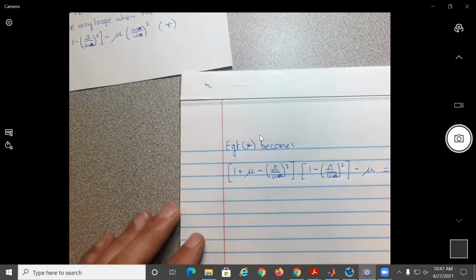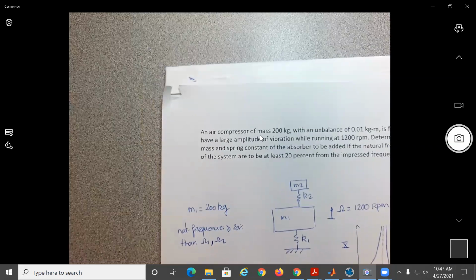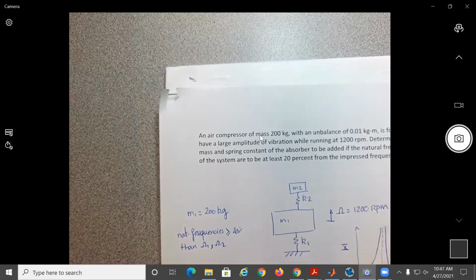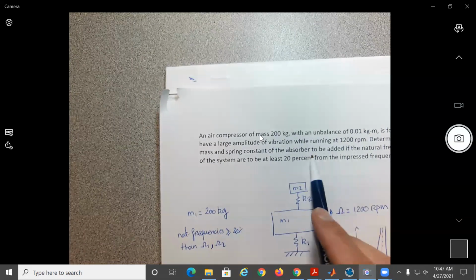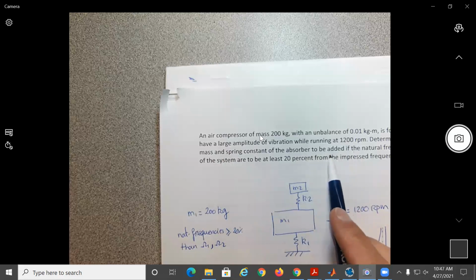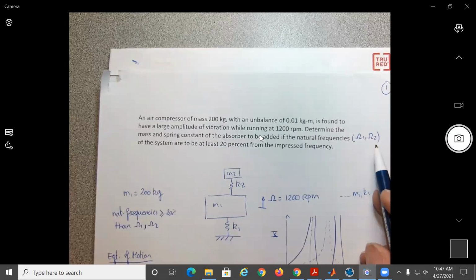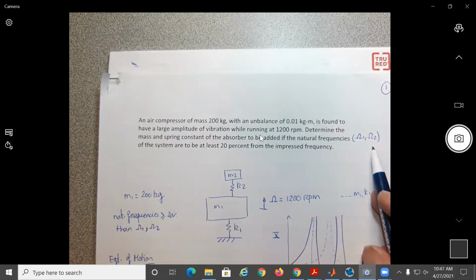And what are they telling us in the problem statement? Determine the mass and spring constant of the absorber to be added, such that the natural frequencies of the system are at least 20% from the impulse frequency. So which are the natural frequencies of the system? Capital omega 1 and capital omega 2, no?